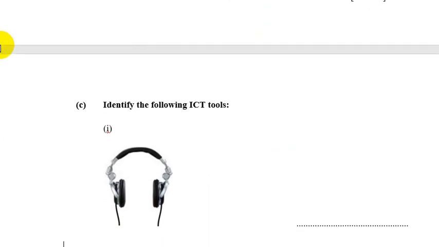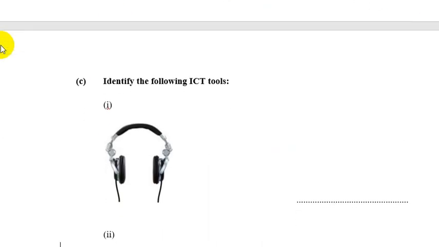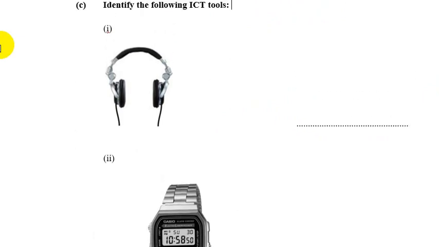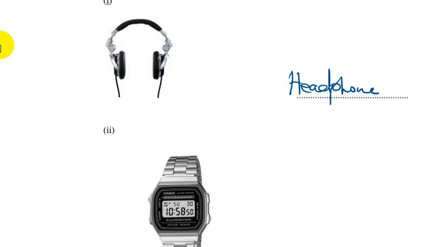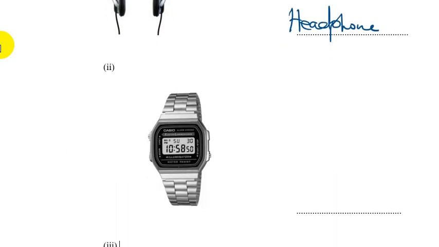So now we are about to identify these items. Now I think we know them, right? So this one is a headset or headphone. We call it headphone. Okay, you just write headphone. Even if you write earphone, you'll be given the mark, because they all do the same, to listen to music. And this one is a digital watch.